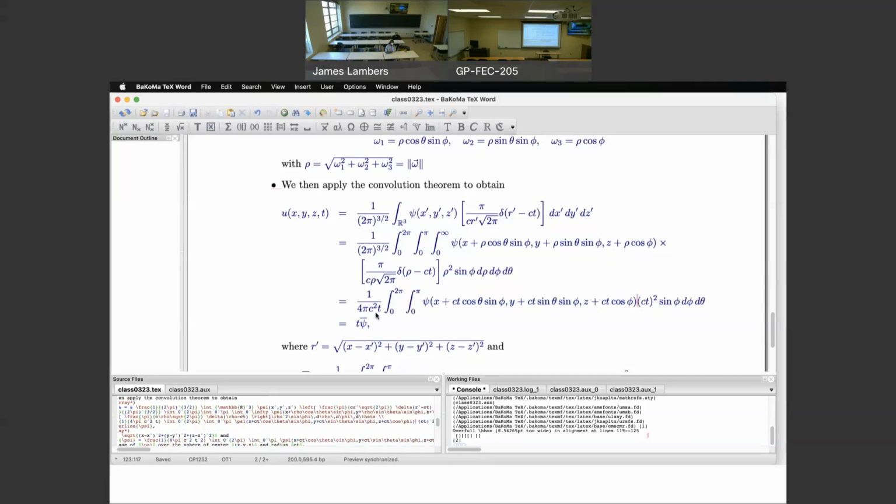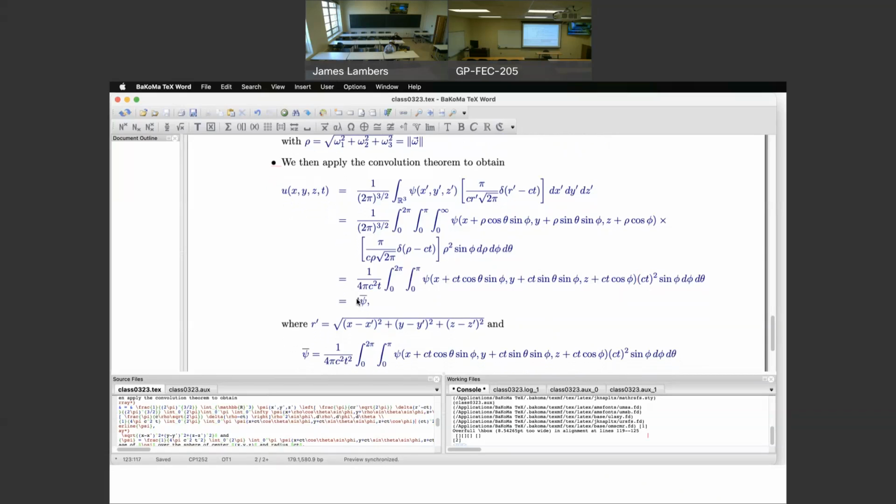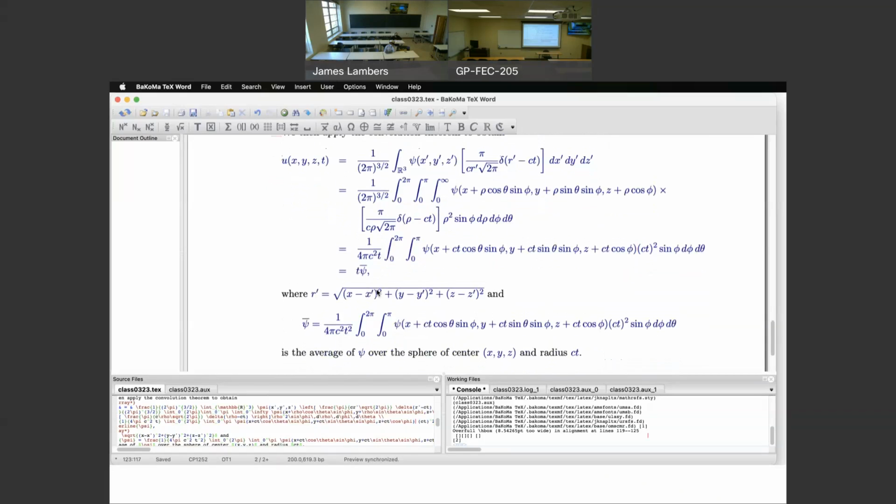And what we have out here, after I cancel the c squareds and I set the t aside, I end up with the surface area of the sphere.